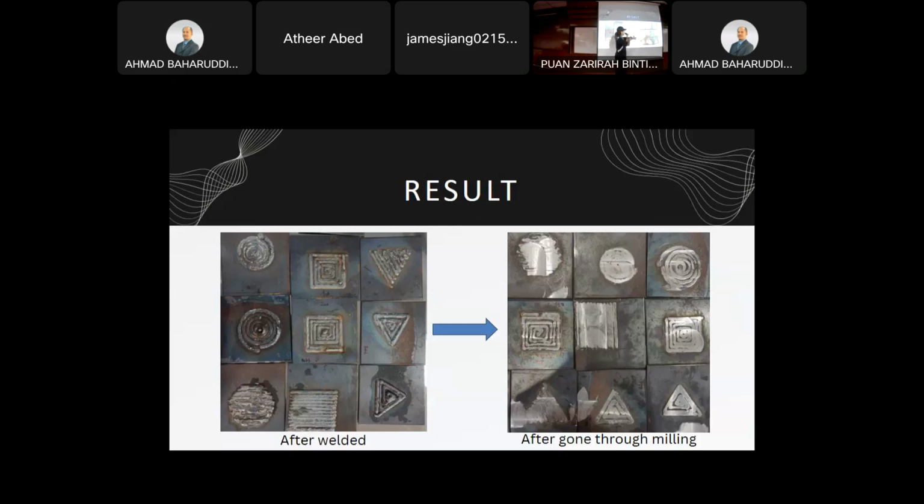For other deposition paths, there are still gaps and they will be improved in the next experiment. For the three types of deposition that succeeded, we go to the hardness test and also optimization.